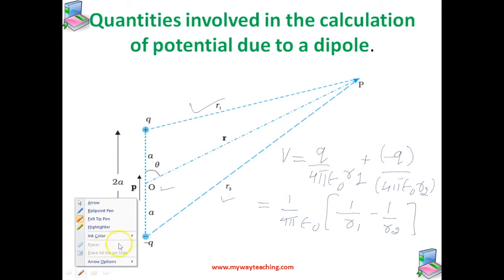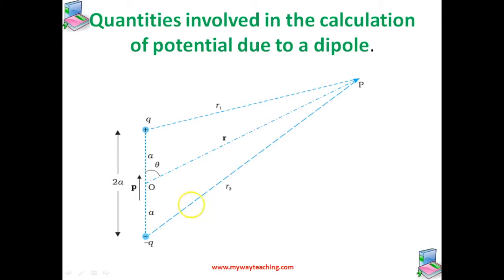Now, by considering the geometry, we can write R1 square as R square plus a square minus 2aR cos theta, and R2 square we can write as R square plus a square plus 2aR cos theta.